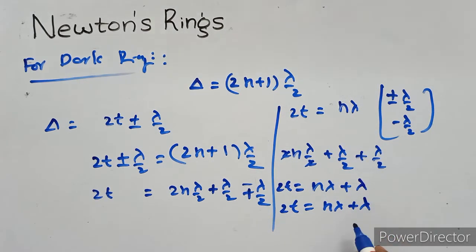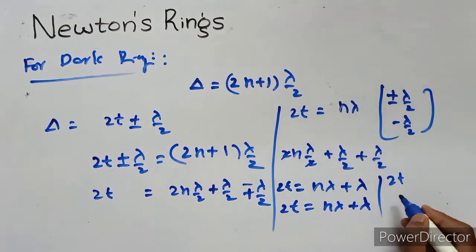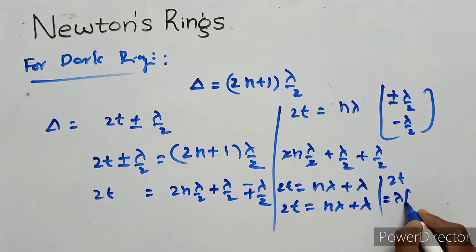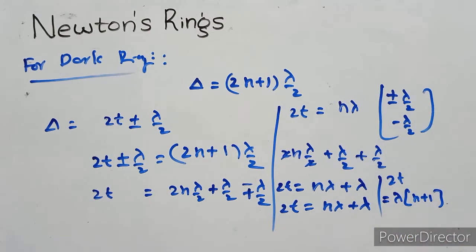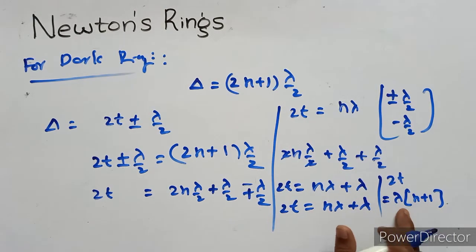That means 2t equals lambda (n plus 1). If n equals 0, 2t equals lambda. If n equals 1, 2t equals 2 lambda.